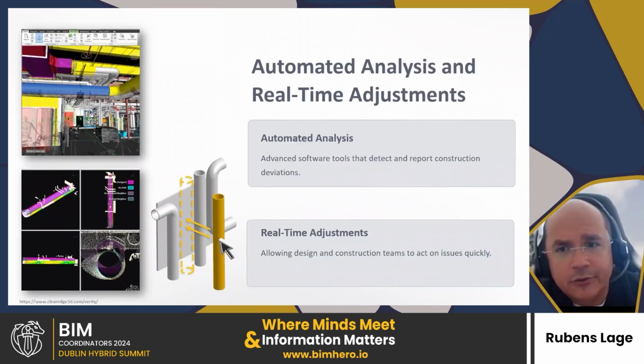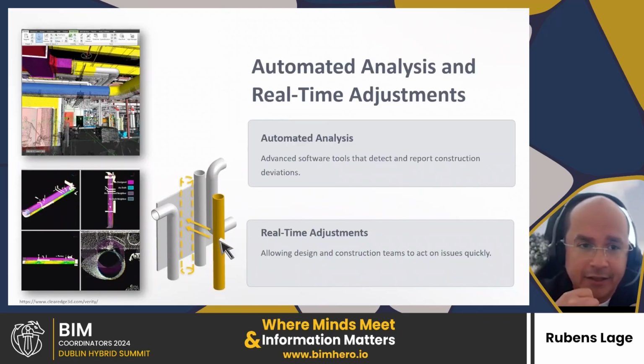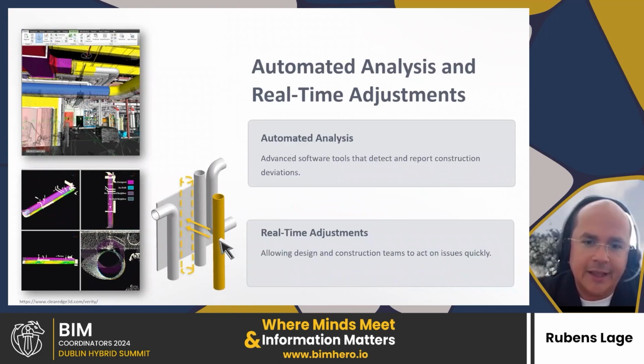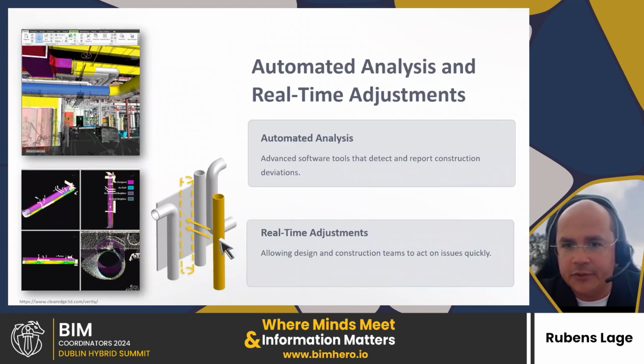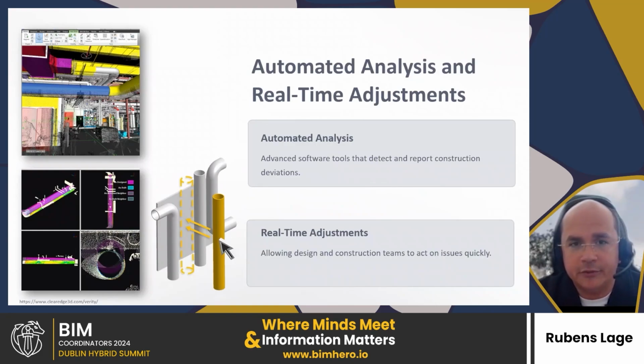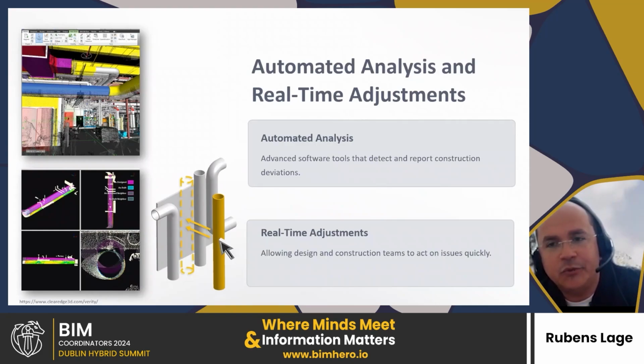When it comes to verification and adjustment, you can automate this analysis in almost real time. When you get the point cloud, you use the software and cross-check it. Those tools can analyze and see, oh, this pipe should be here and it's 20 millimeters off, or half a meter, and they automatically move those elements to the as-built position.